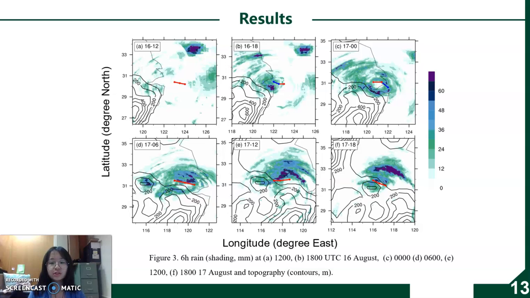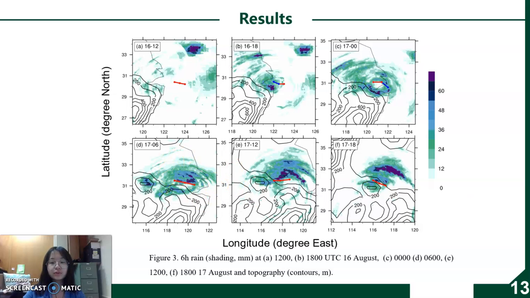Figure 3c shows a small area of precipitation occurred to the southern part of Central and then moved to the northern part in 3d.